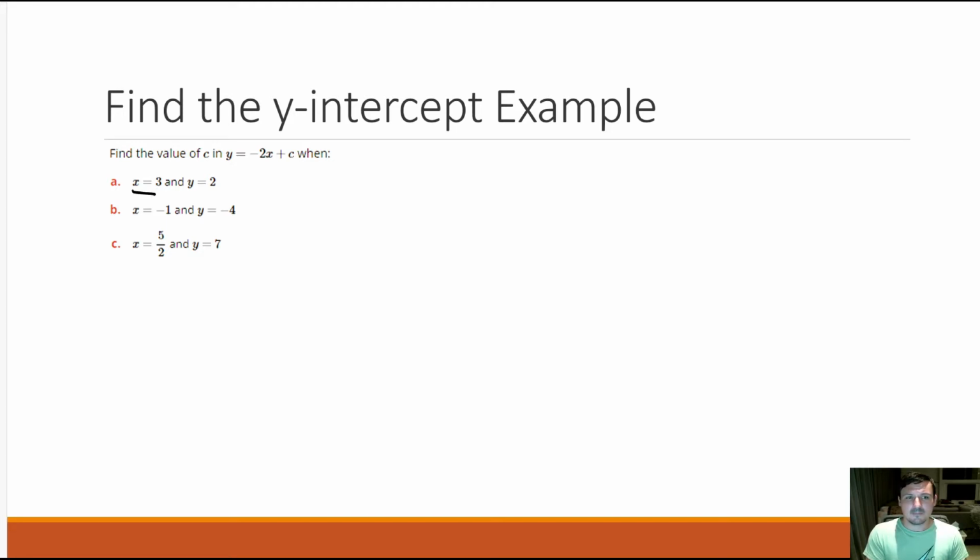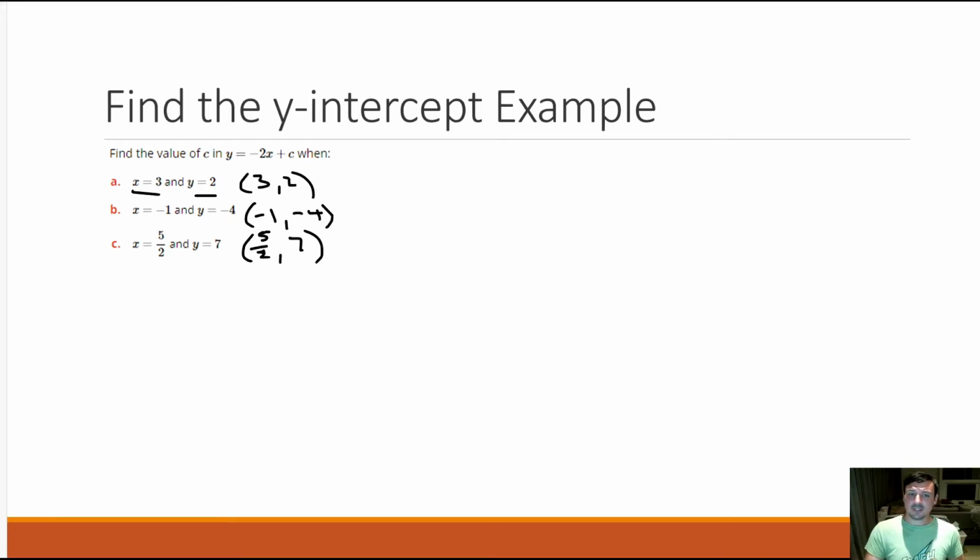So this one, what we've been given here is a point. Like I said before, you substitute a given point into it and then you find it. Each one is essentially a set of coordinates that we substitute in. So we're making an implication here that this is a point that's on the line.